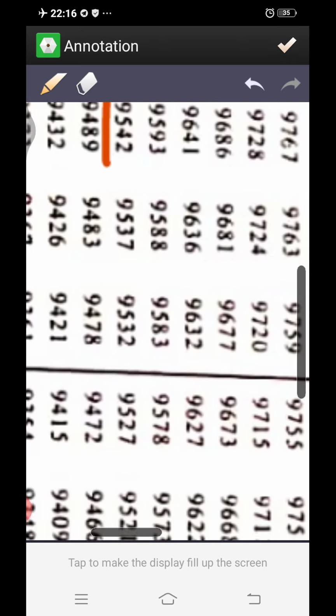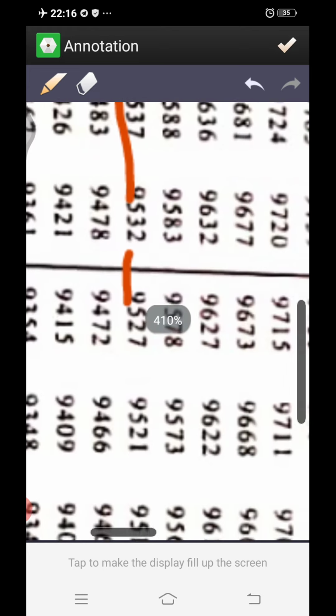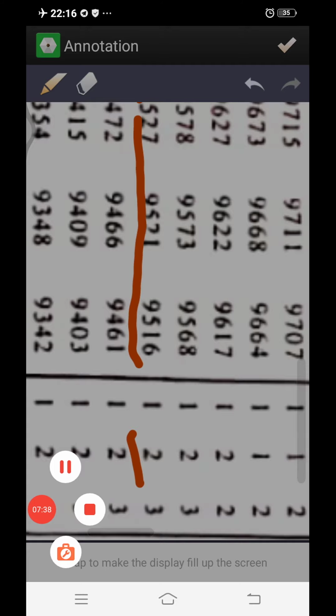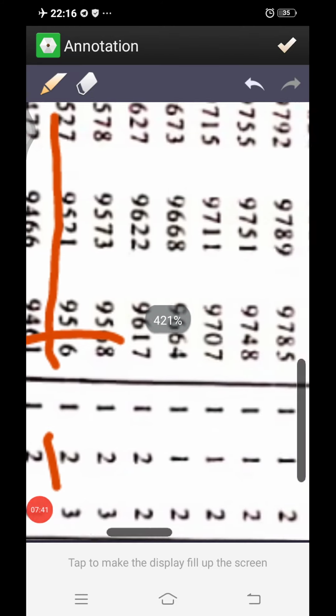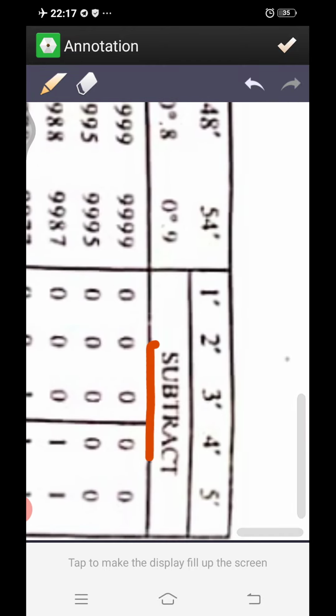Come to the difference column in this row only. Here we have reached the difference column. We can see that this is for 1 minute, this is for 2 minutes. So the difference for 2 minutes is 2, that is 0.0002. We will take that value, and this difference has to be subtracted, as it is written here: subtract this difference.